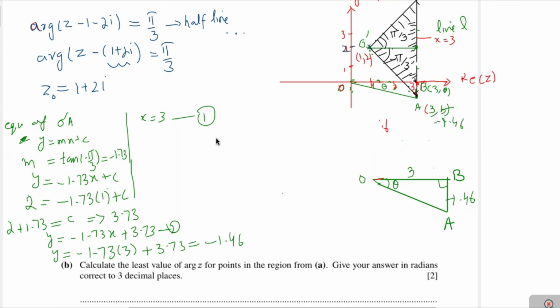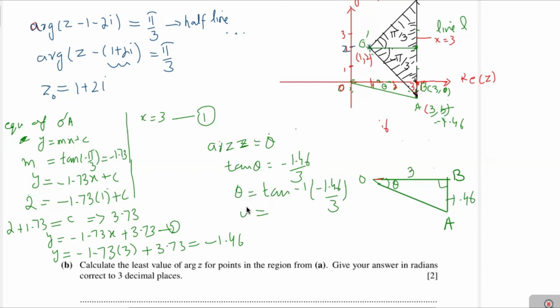Now the least value of argument z will be equal to theta, and tan theta will be equal to minus 1.46 over 3, and theta will be equal to tan inverse of minus 1.46 over 3.